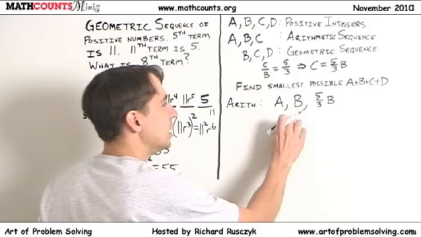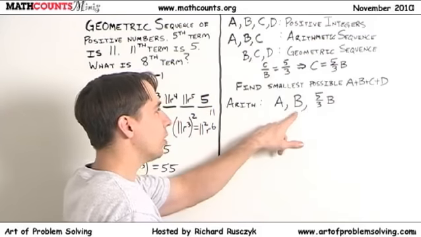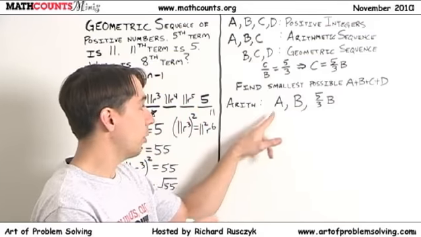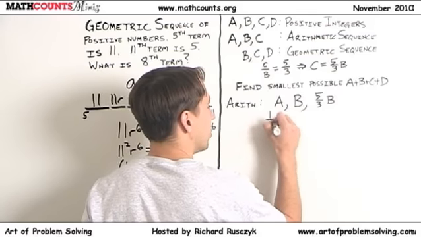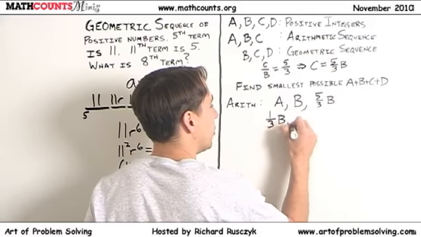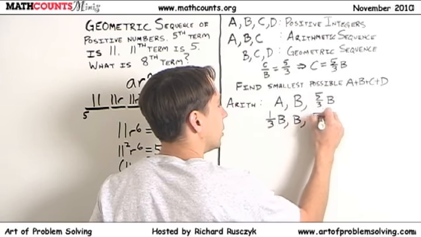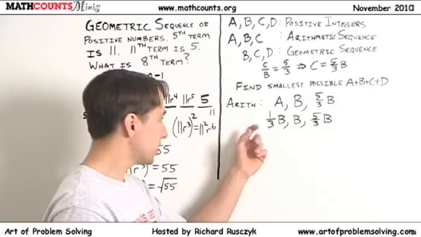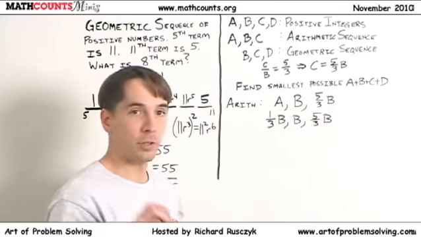So here, we know what the size of the step is. When you go from B to 5/3 B, you're going up by 2/3 B. So A must be 2/3 B back from B. It must be 1/3 B. And now we know our arithmetic sequence is 1/3 B, B, 5/3 B.